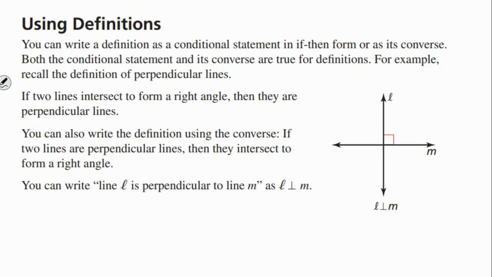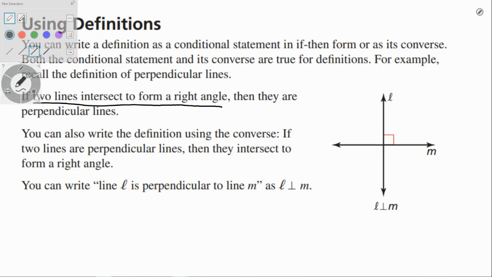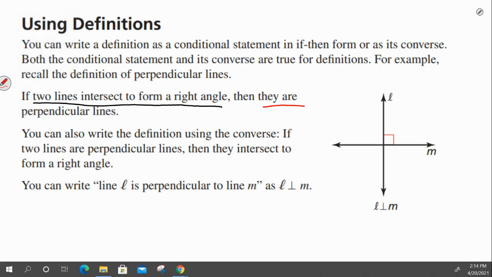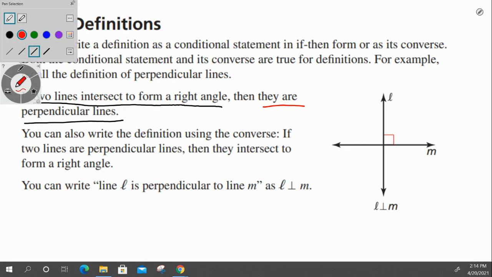So we took the hypothesis here: two lines intersecting to form a right angle. We grab a different color for the conclusion: they are perpendicular lines. Let's see what happened to my red there. We'll fix that.